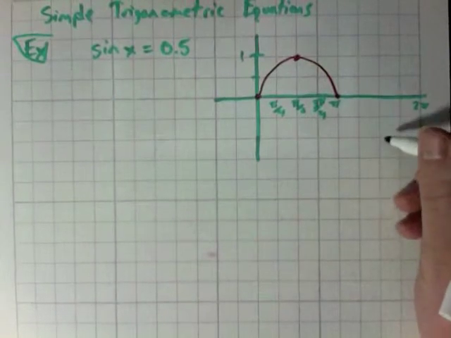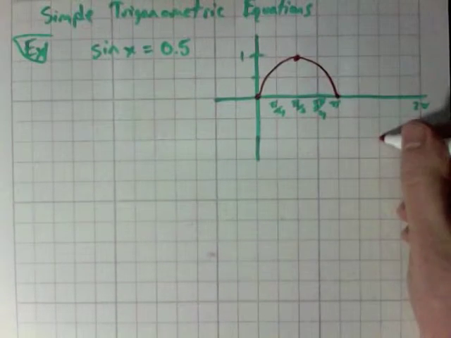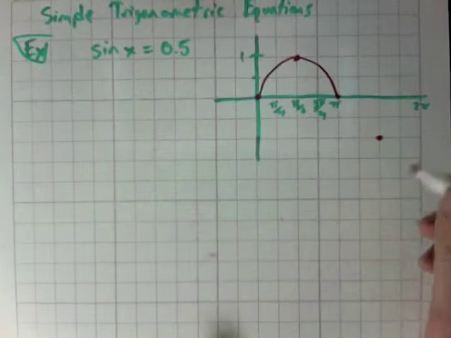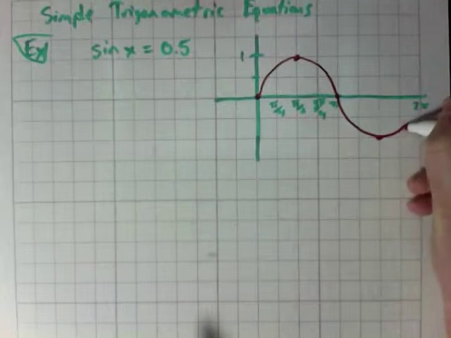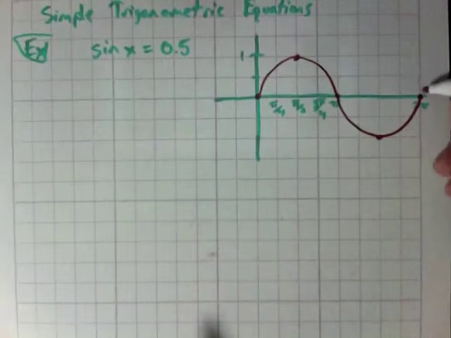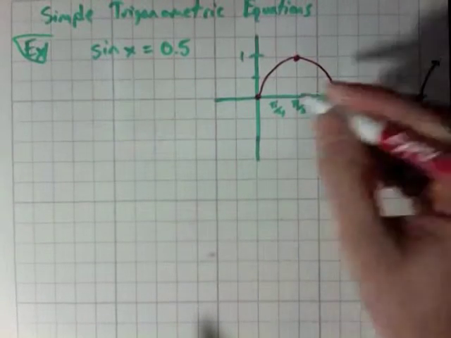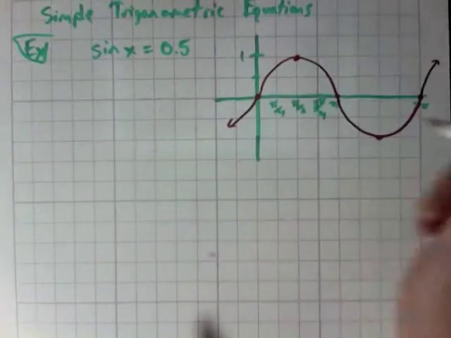At this point here, it's at negative 1. We have a sine wave that looks something like this, and this wave does in fact repeat infinitely in both directions.